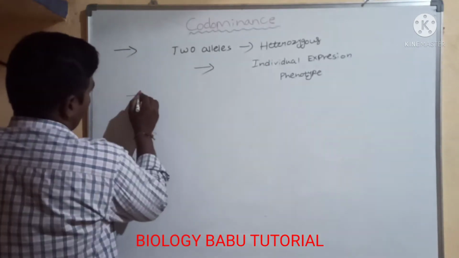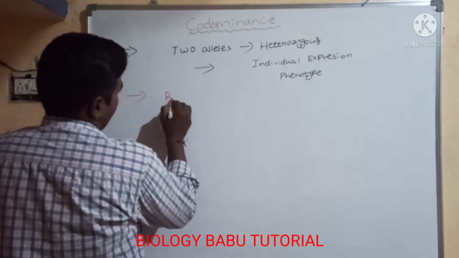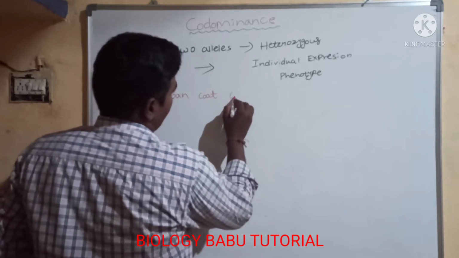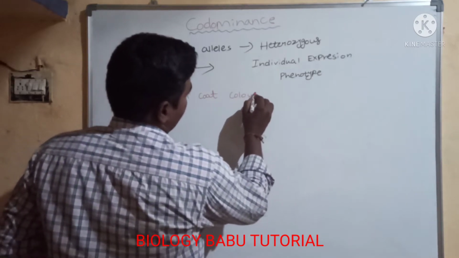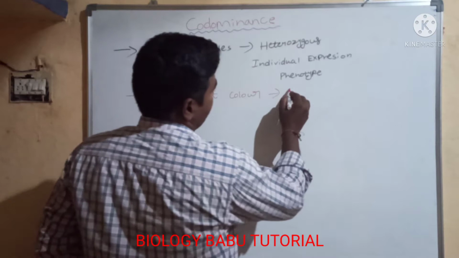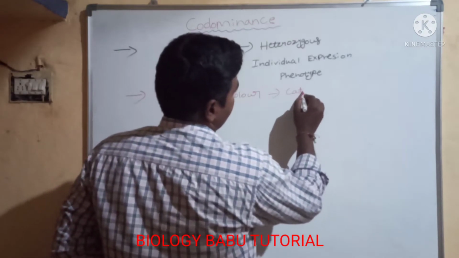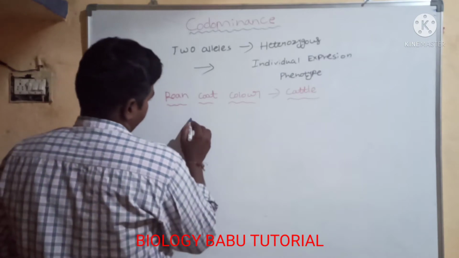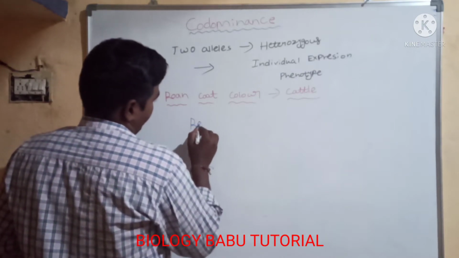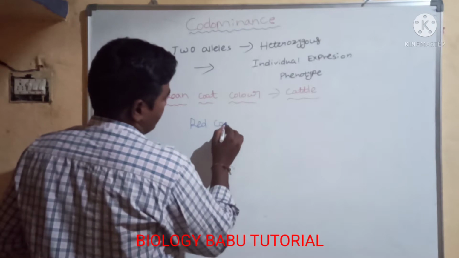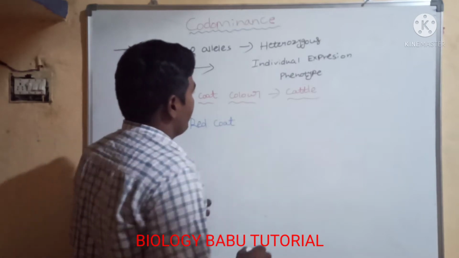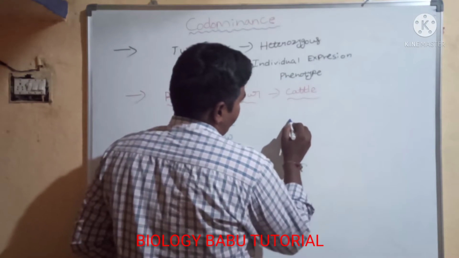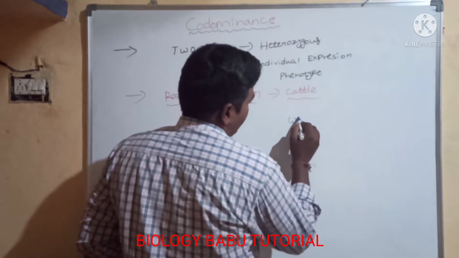The coat color of cattle. Red coat cattle is the dominant phenotype, and recessive is the white coat cattle.